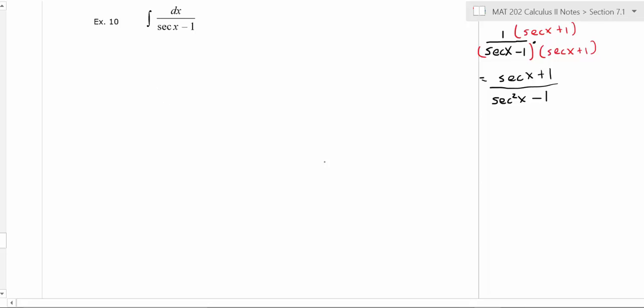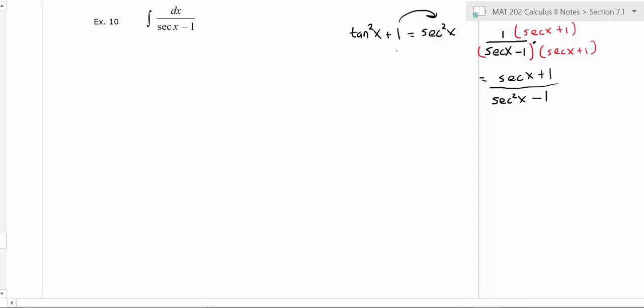Now we have an identity that we can use that goes like this. I'll write this identity aside: tangent squared x plus 1 equals secant squared x. That's one of your basic trig identities. You've got to work with trig identities every now and then because they'll show up when you're working with trig integrals, and a lot of times you have to use them.